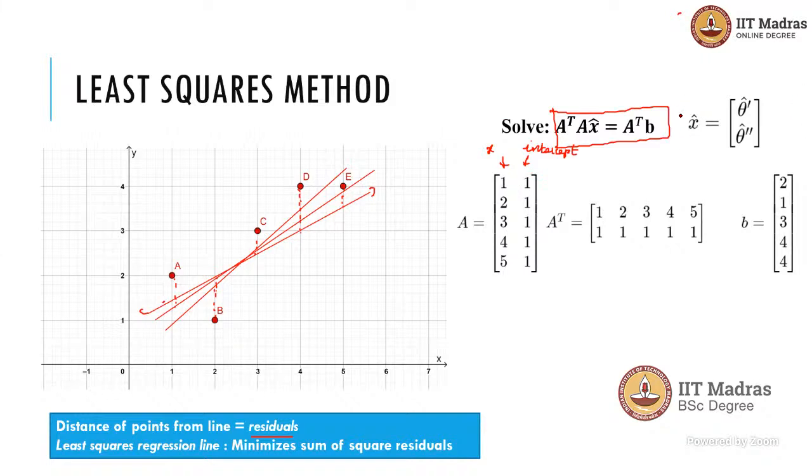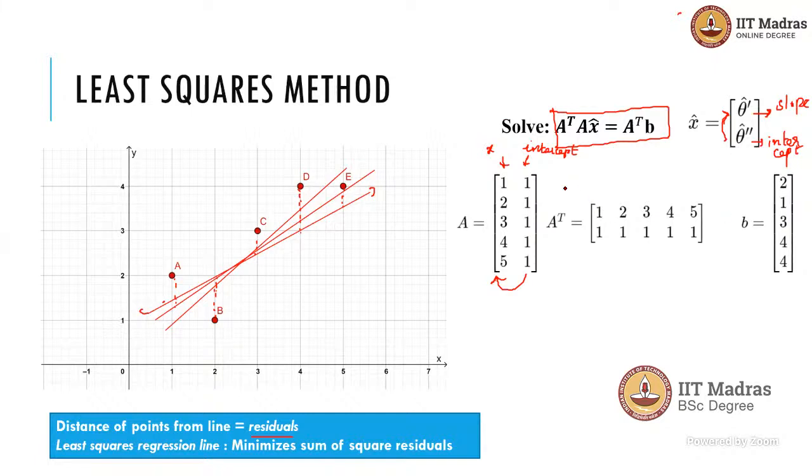So this is the solution, right? X hat is your solution, wherein the first element will give you the slope and the second element will give you the intercept. If you interchange the positioning of this column of ones, if you put it in front of the X values, then you have to interchange here also while interpreting the result. That is it, no big deal.